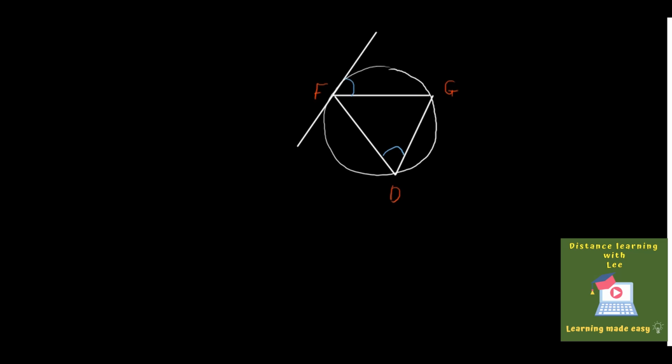So according to the tan-chord theorem, angle F1 is going to be equal to the angle D. That angle is equal to that angle there.